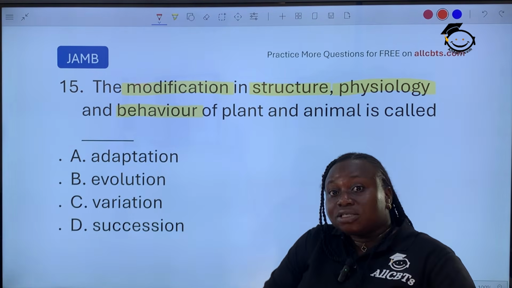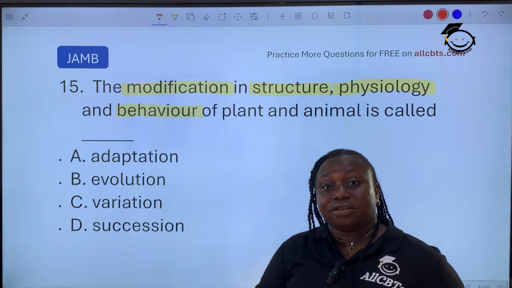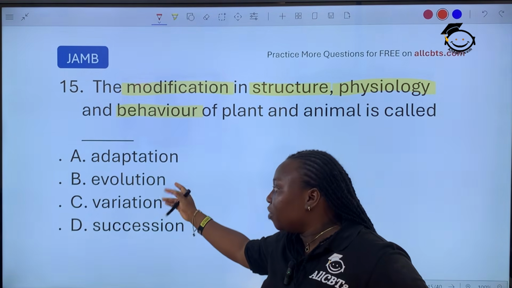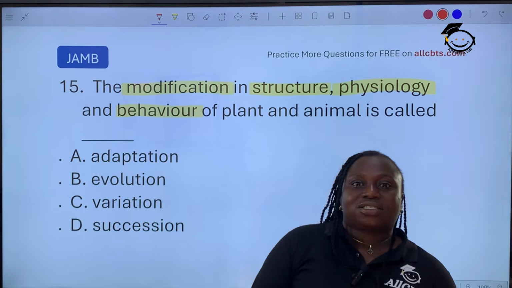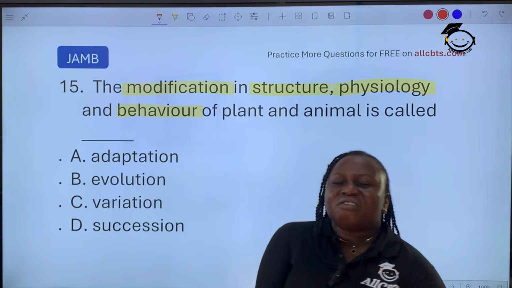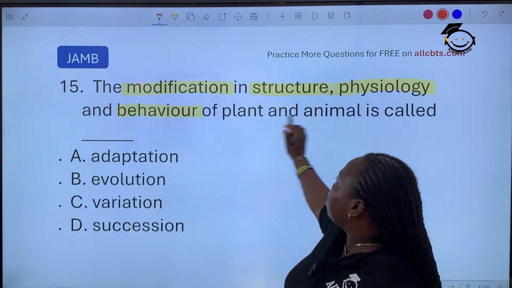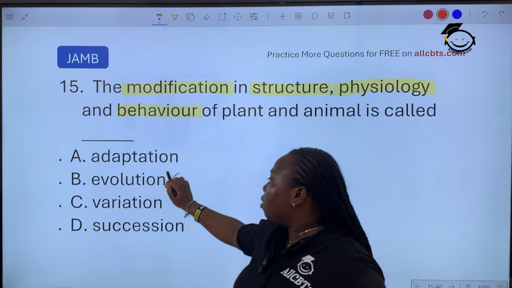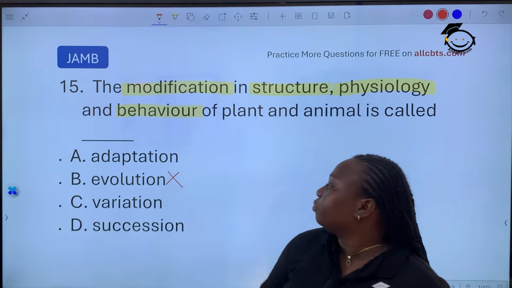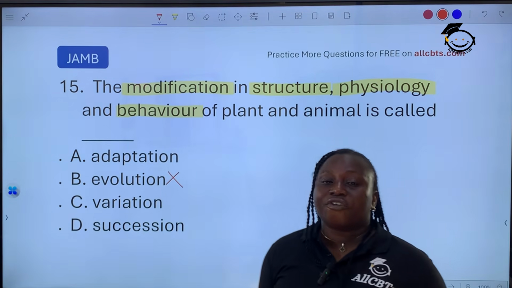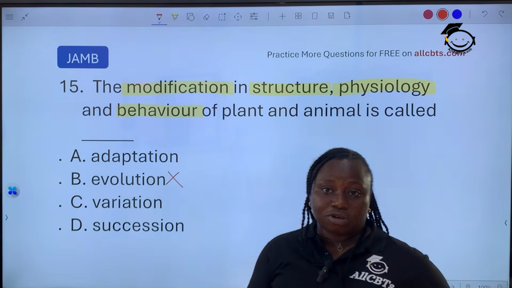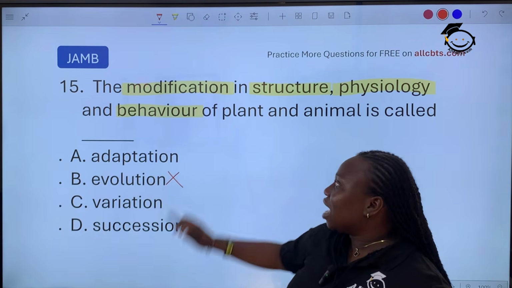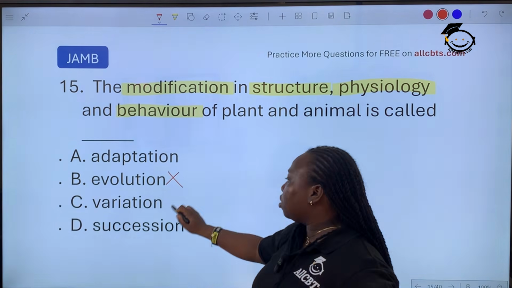Evolution is the changes organisms encounter after a very long period of time. In this question, we do not see anything to do with a long period of time, so we have no business with evolution. Variation just says that one organism is different from another, and it does not have anything to do with our question here.